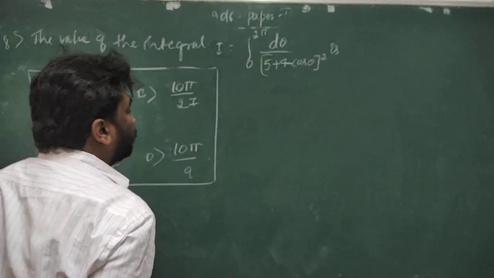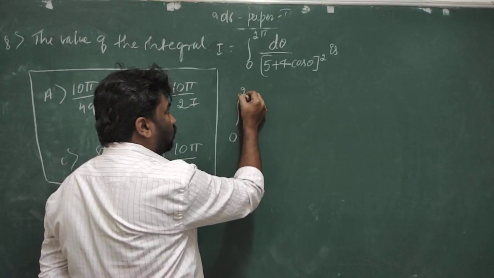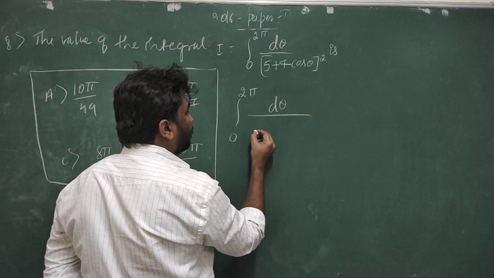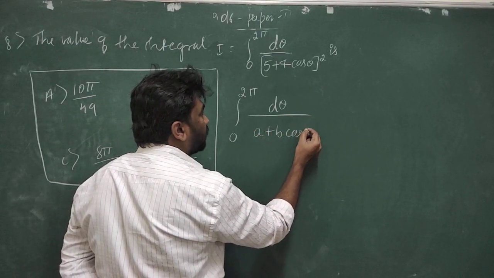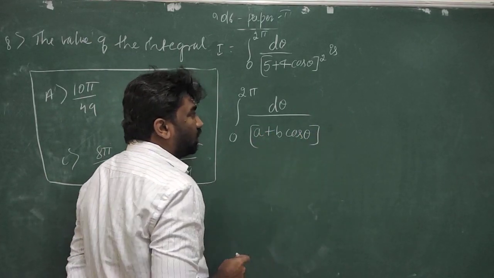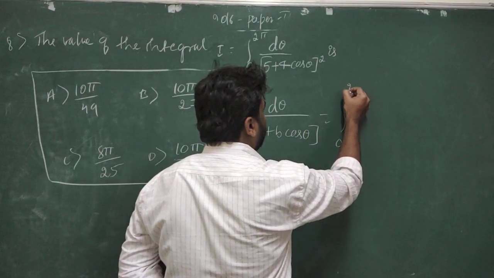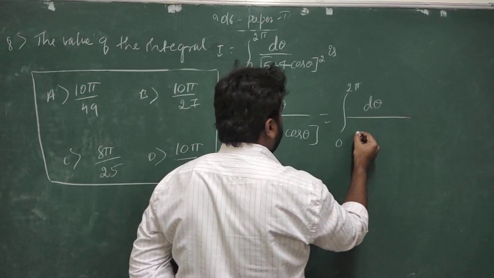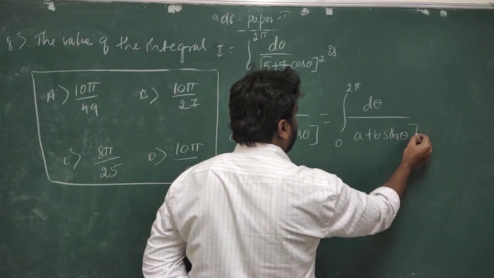In this problem, we have a formula: integration 0 to 2 pi d theta divided by a plus b cos theta, which is equal to integration 0 to 2 pi d theta divided by a plus b sin theta.